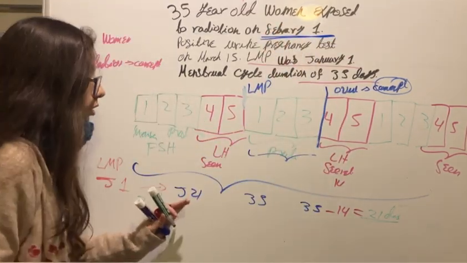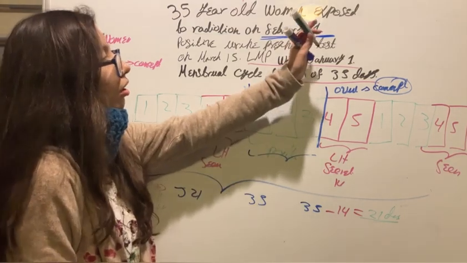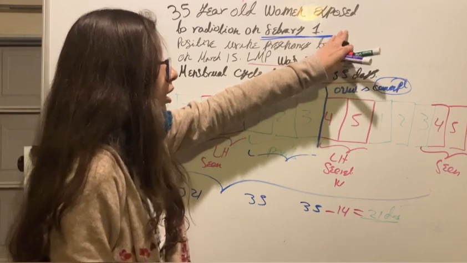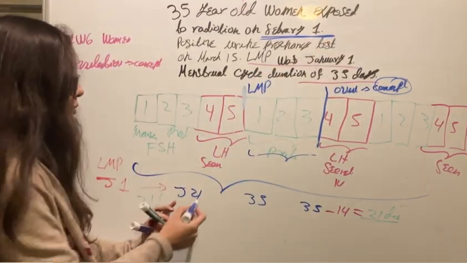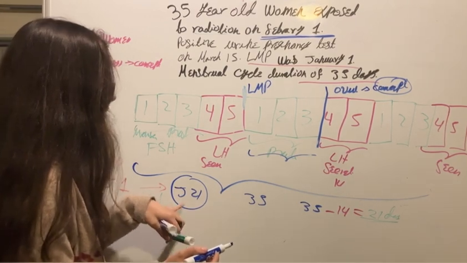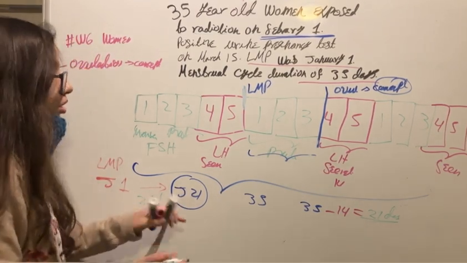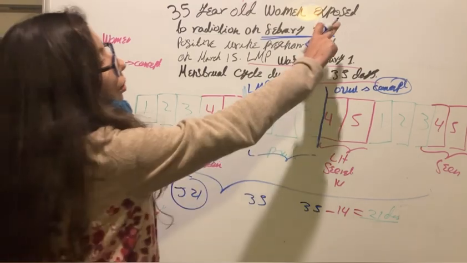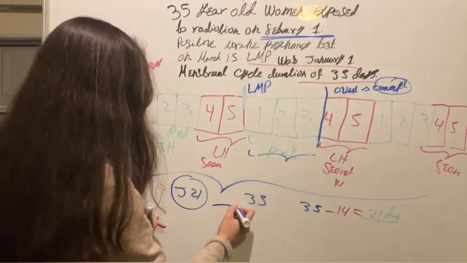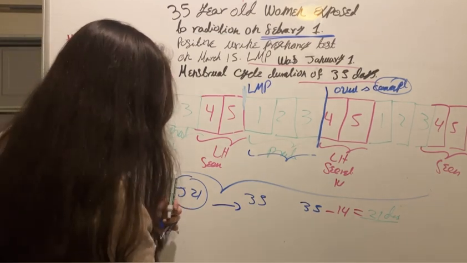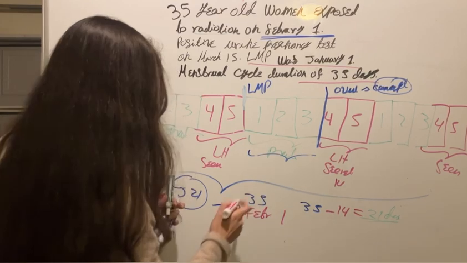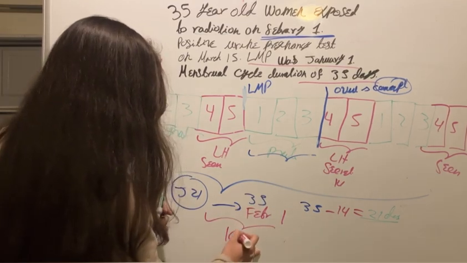So how many weeks pregnant is she on February 1 if conception was on January 21? From January 21 to February 1 is like 10 days more or less.